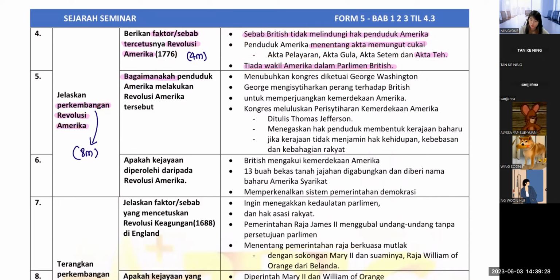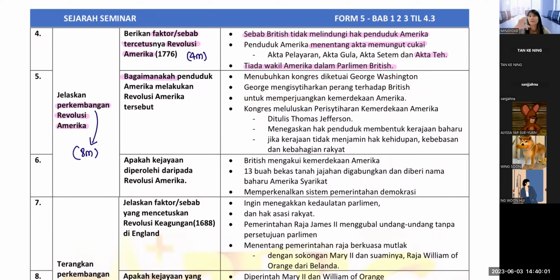Okay. So then you continue. Then you continue by saying, penduduk Amerika menubuhkan Kongres yang diketuai George Washington menentang British. Then you full stop. Then you say, seterusnya George mengisytiharkan perang terhadap British, comma, untuk memperjuangkan kemerdekaan Amerika.